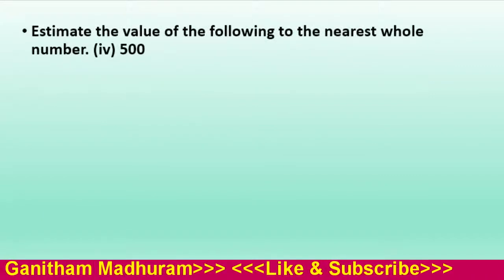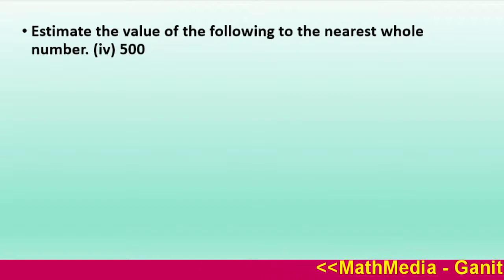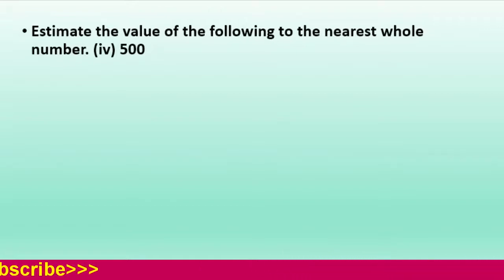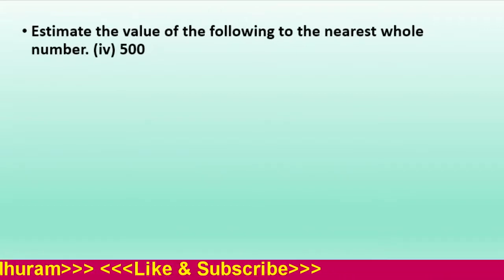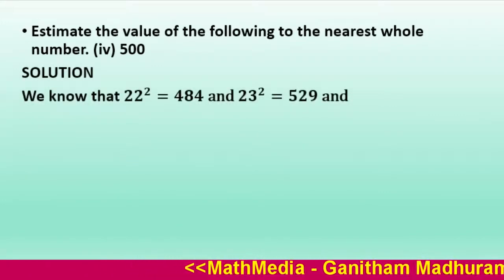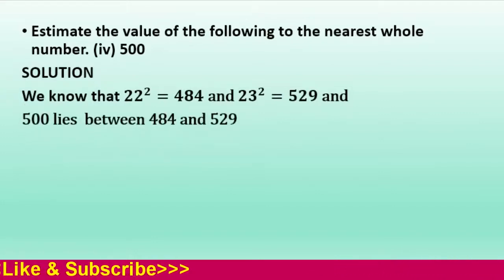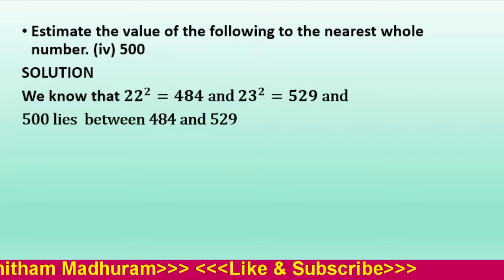Estimate the square root of 500 to the nearest whole number. As 500 is not a perfect square, we can find the square number nearer to 500. They are 22 square and 23 square. And 500 lies between 484 and 529.